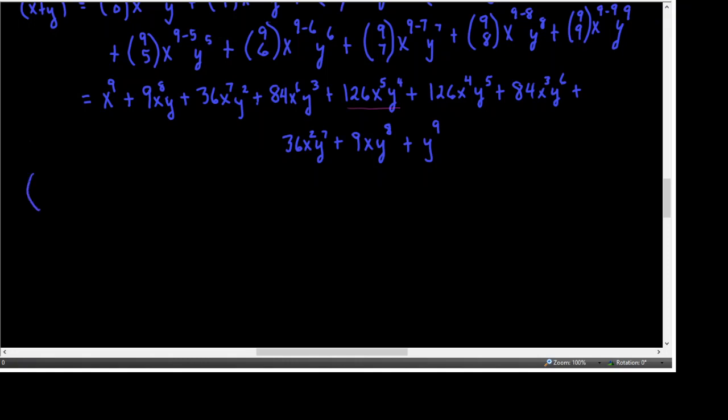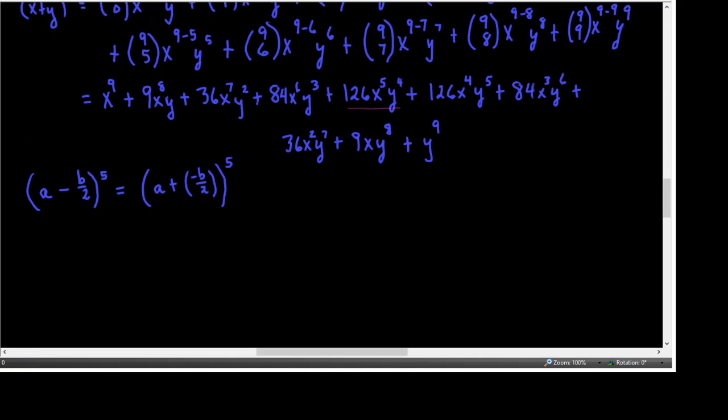Okay, so let's practice this a little bit more, because it's not always x and y. Sometimes those are replaced by other things, like a minus b over 2, to the 5th. Since the binomial theorem uses addition, I would like for you to think of that as a plus the opposite of b over 2, being raised to the 5th, because that way we can still use the theorem.